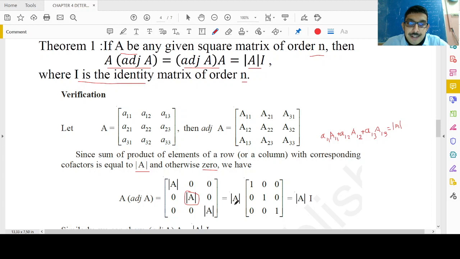So determinant of A is common in this matrix, so it can be taken outside. It will be determinant of A into identity matrix. Since we took this as a 3 by 3 matrix, I is also of order 3 by 3 here.